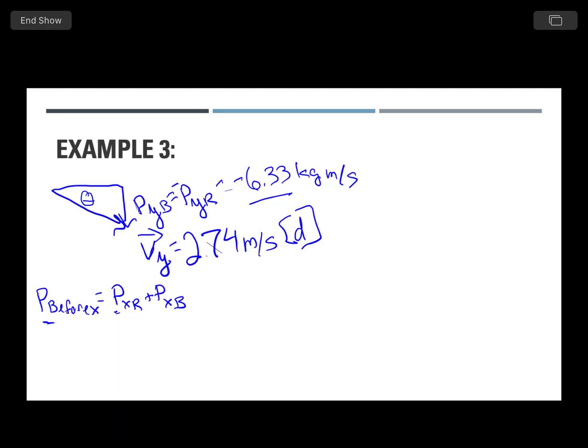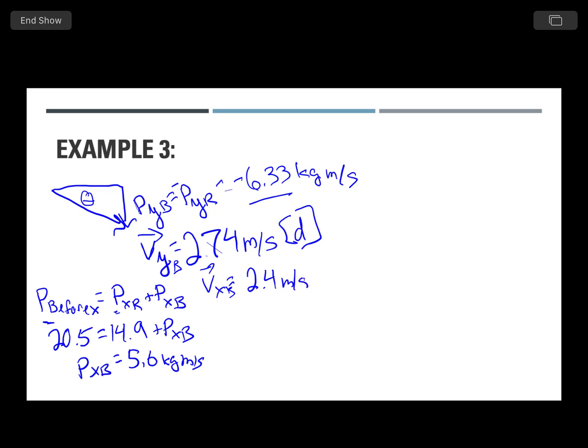A little fancy rearranging, and I'm going to get, and that makes the momentum of the blue ball in the x direction to be 5.6, which leads to a speed in the x direction of my blue to be, once I divide by the 2.3, it should be 2.4 meters per second, again in the right direction.